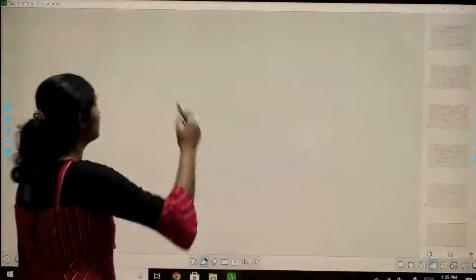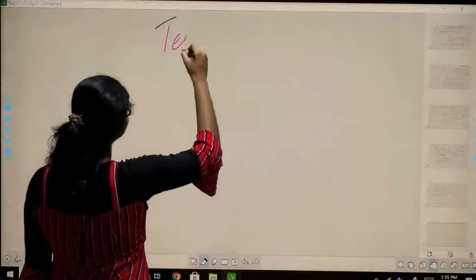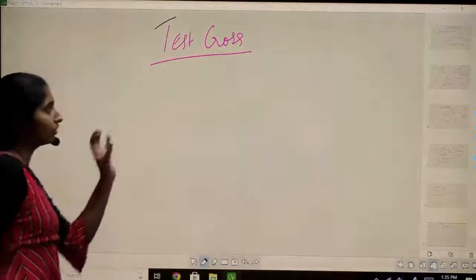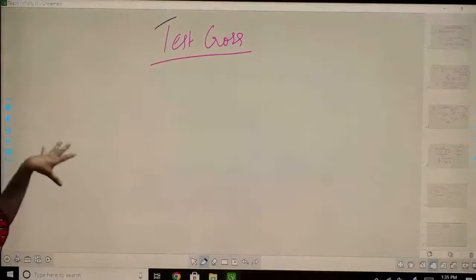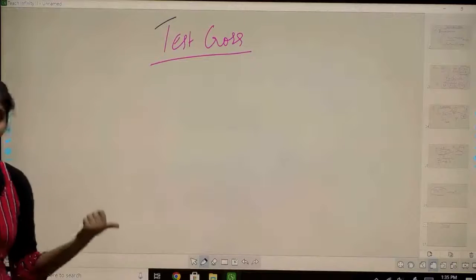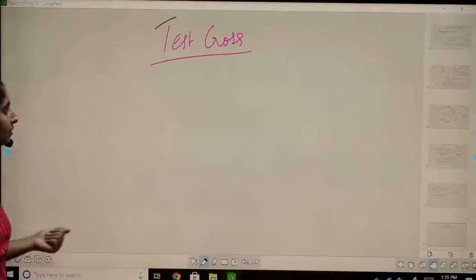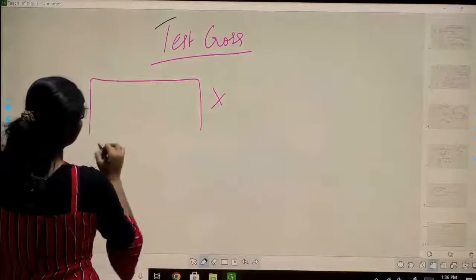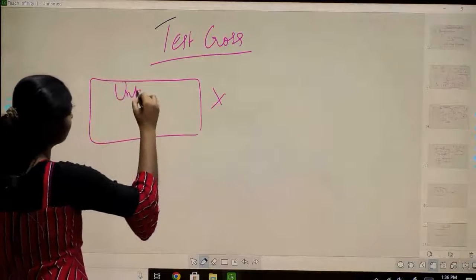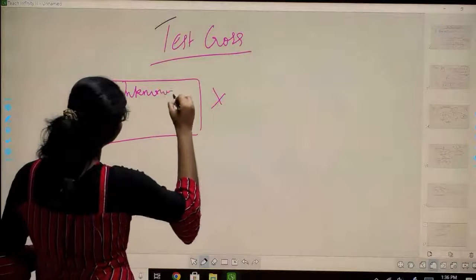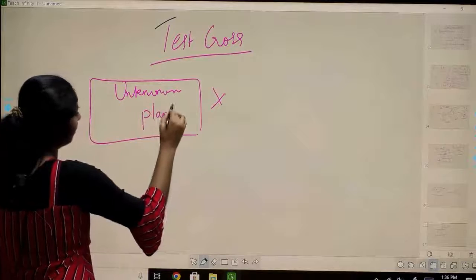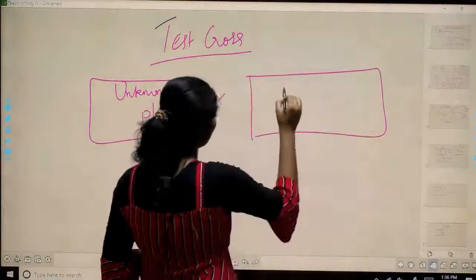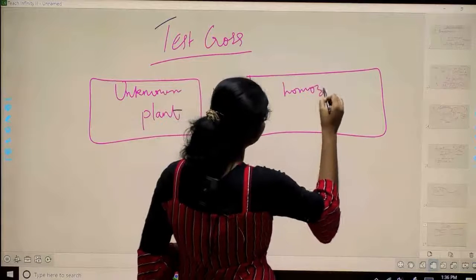For this, Mendel performed the test cross. In this particular cross, you are testing whether the unknown plant that is given to you is homozygous or heterozygous. So in a test cross, the unknown plant is crossed with a homozygous recessive plant.